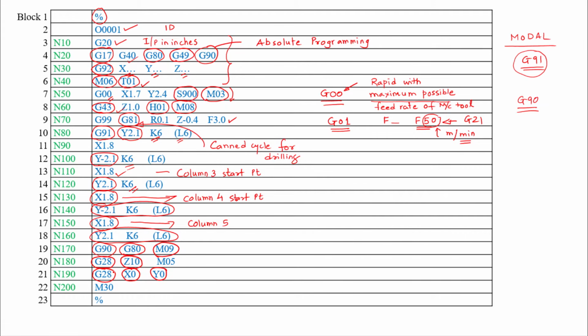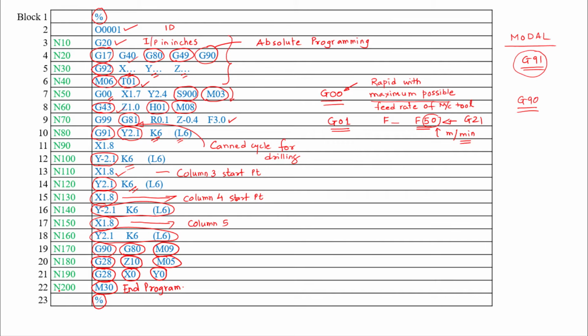So G28 means we are asking the tool to go to the home position via these points, and M05 belongs to spindle stop. So we have to make the spindle stop. At the end we are writing M30, that is end of the program, and at last we are writing the percentage sign. So in this way the 35 number of holes would be drilled.